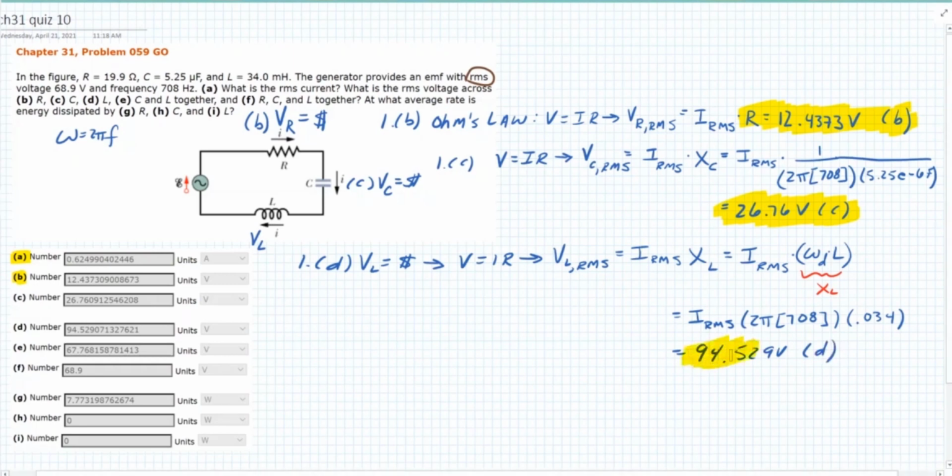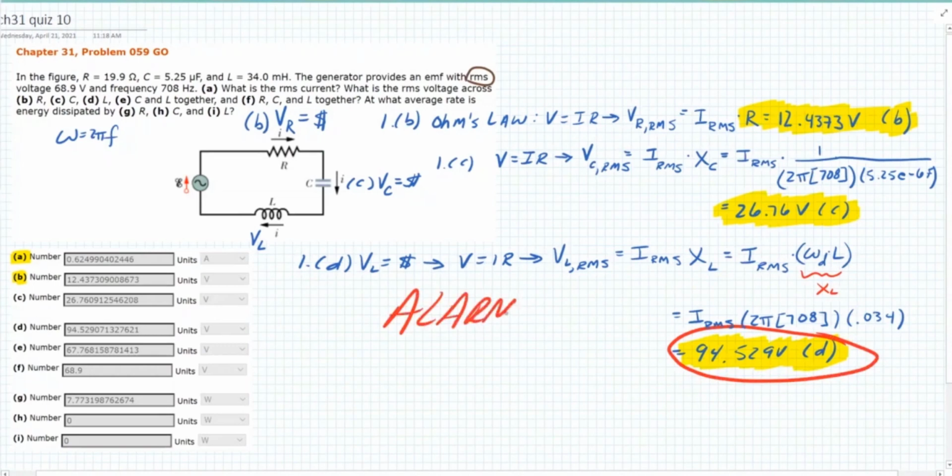Okay. So now this is where things got weird before, and they're weird again. So this sounds an alarm. How can this be? How can VL be greater than the EMF?